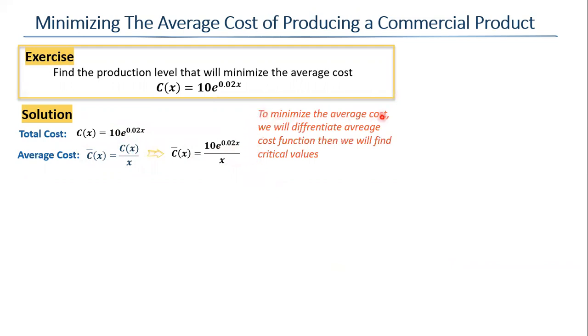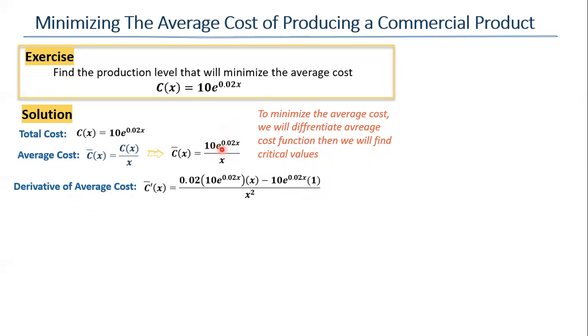To minimize the average cost, we will differentiate the average cost function, then find the critical values. We can derive this by the quotient rule, or we can use the reciprocal and use the product rule, no problem.